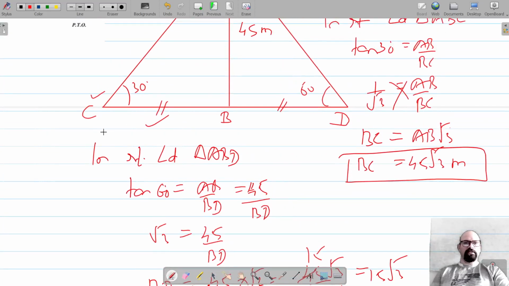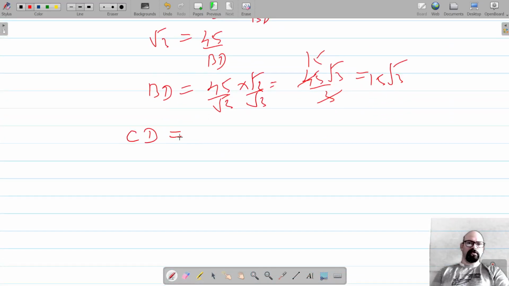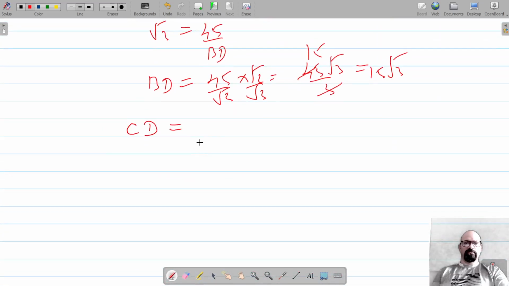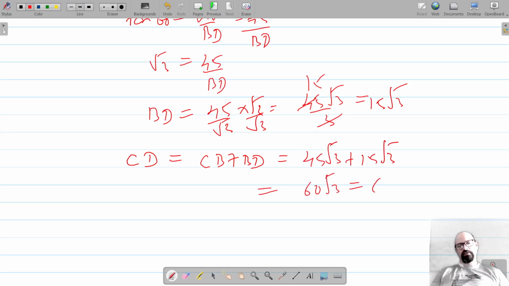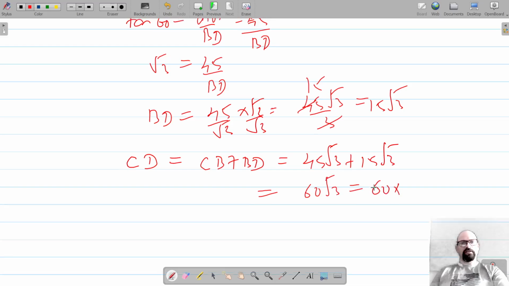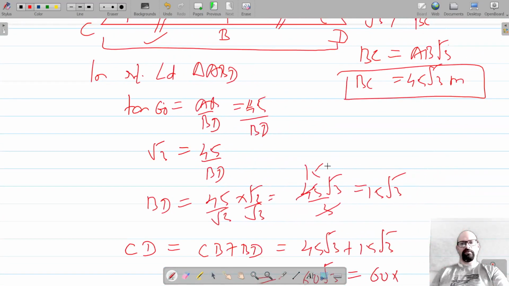And now we have to find the distance between the ships, which is CD. So CD is equal to CB plus BD. CB is 45 root 3, so this is 45 root 3 plus 15 root 3. And 45 plus 15 is 60 root 3. The value of root 3 is given in the question as 1.73.